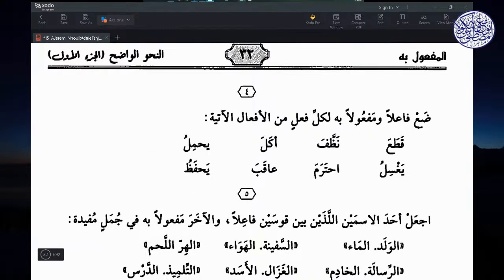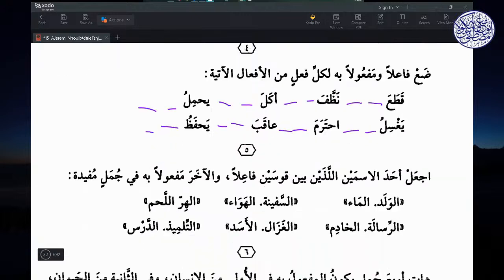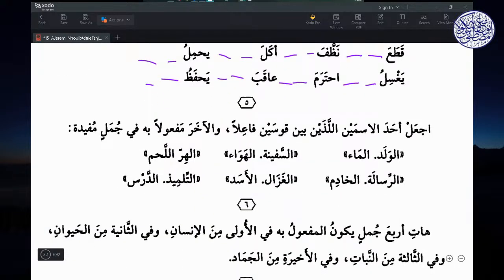Number 4, ضع فاعلا ومفعول به لكل فعل من الأفعال الآتية. Now we have a fi'l. We need a فاعل and a مفعول به. طيب. Number 5, اجعل أحد الاسمين اللذين بين قوسين فاعلا والآخر مفعول به في جملة مفيدة.